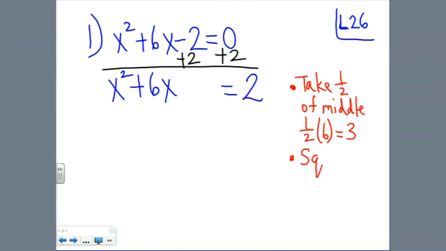So we will square 3, and that gives us 9. Now, what we do with that 9 to complete the square, we add 9 to the left-hand side. And you guys know whatever you do to one side of the equation, you've got to do the same thing to the other side. So we have to add 9 to the right-hand side as well.